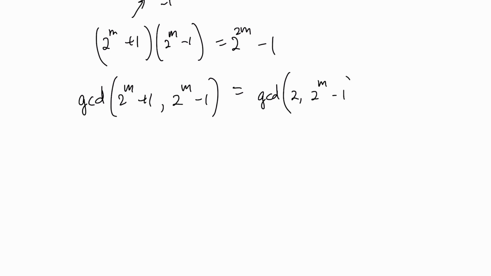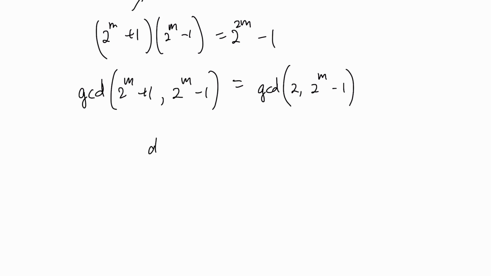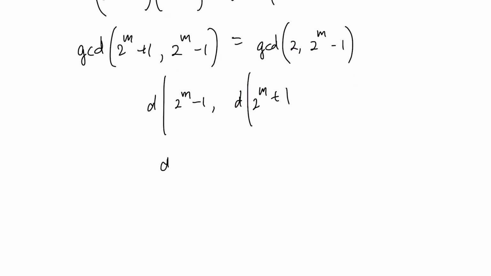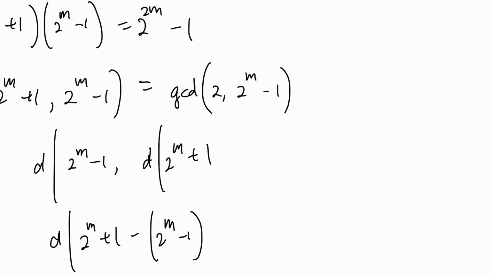Because if d is divisible by both of these, then d would be divisible by their difference, which means that we can just replace that by 2. But we know that 2^m is even, and this is minus 1, which means that this whole thing is going to be odd, and 2 is even. That makes our GCD equal to 1.